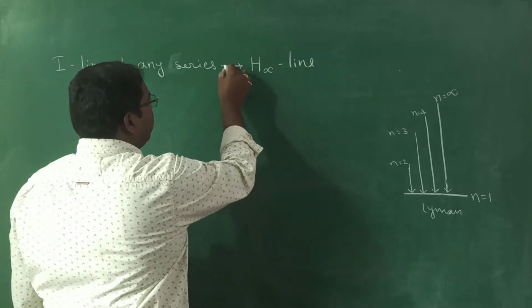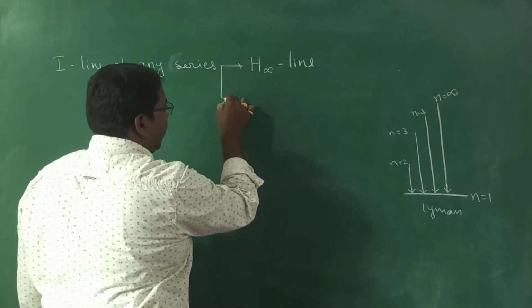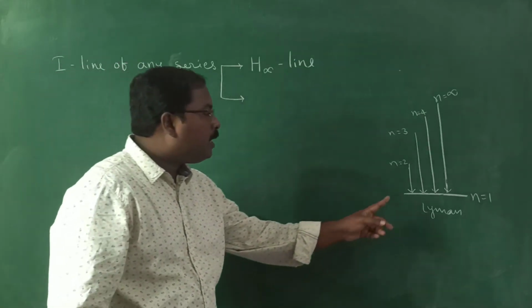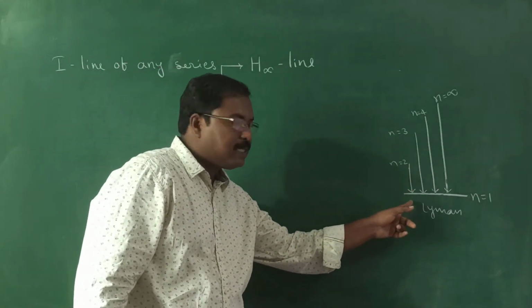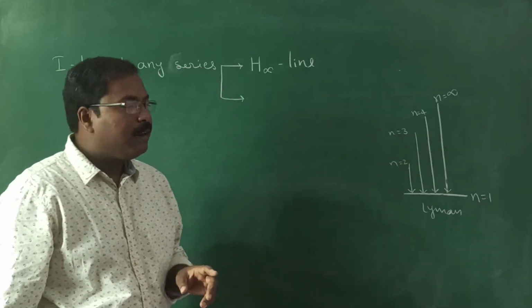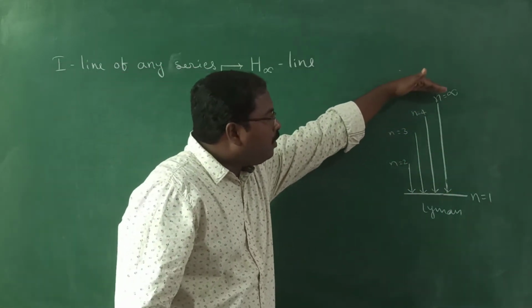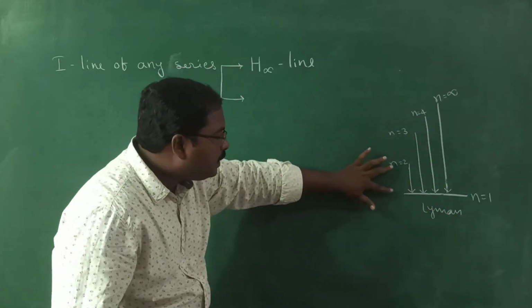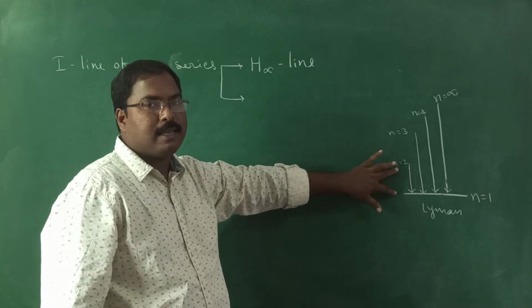Now, coming to the speciality of this first line. If you observe there, this is the first line. This is the last line. Here, the electron is jumping from a higher level to a lower level. Here, the energy difference is less. Okay?